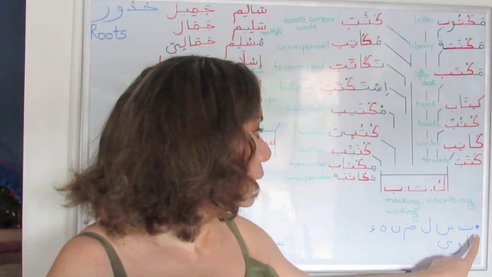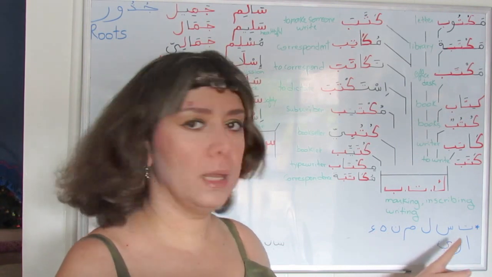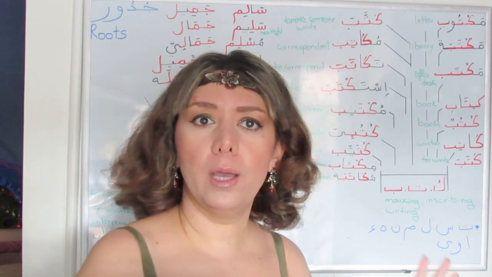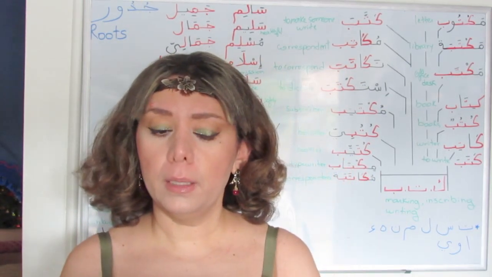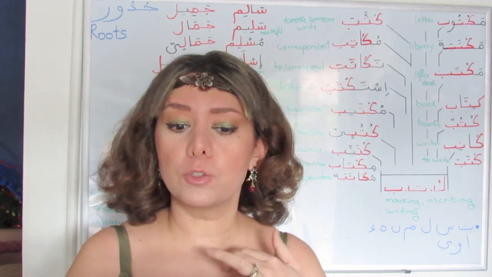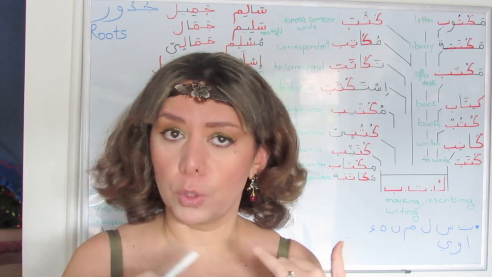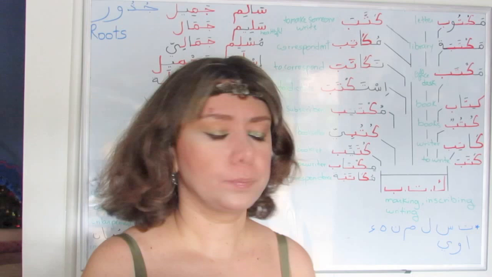So, ta, sin, lam, mim, noon, ha, hamza, alif, waw, ya, they are suspicious letters. So you have to always be careful because they may be part of the pattern, they may be part of the roots, or they may be altered completely.